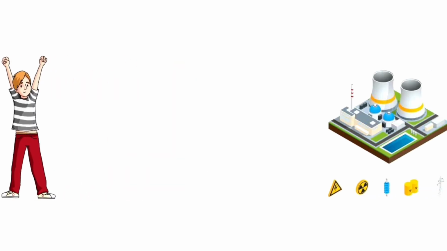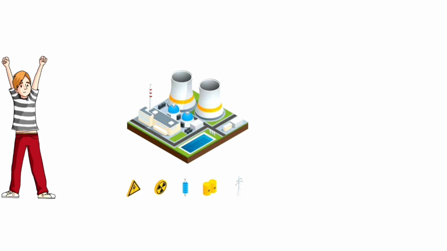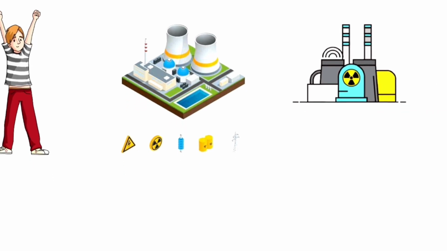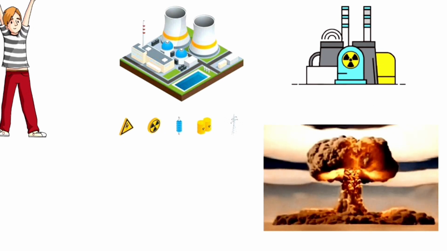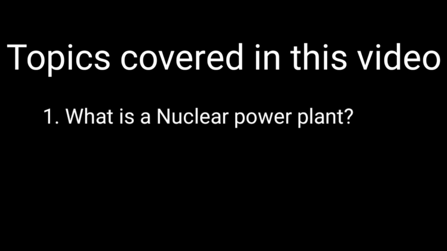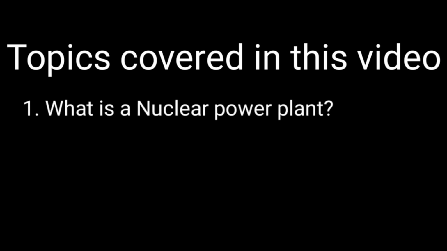In this video, we are going to give you a general, detailed explanation about nuclear power plants, nuclear reactors and how they work. And we'll see their basic applications too. We'll be covering the following topics in today's video. First, what is a nuclear power plant?